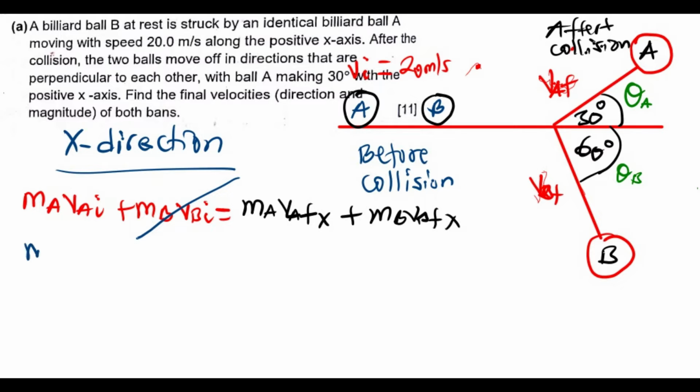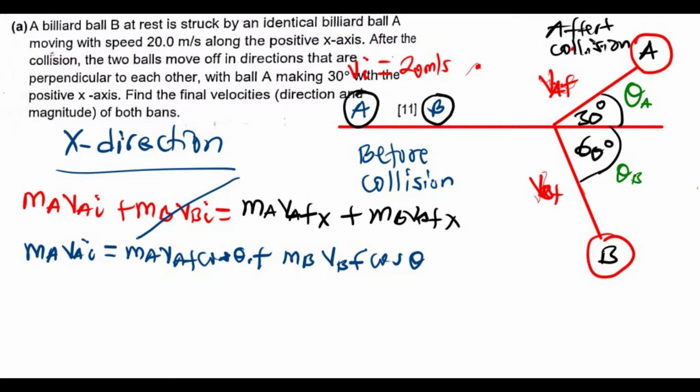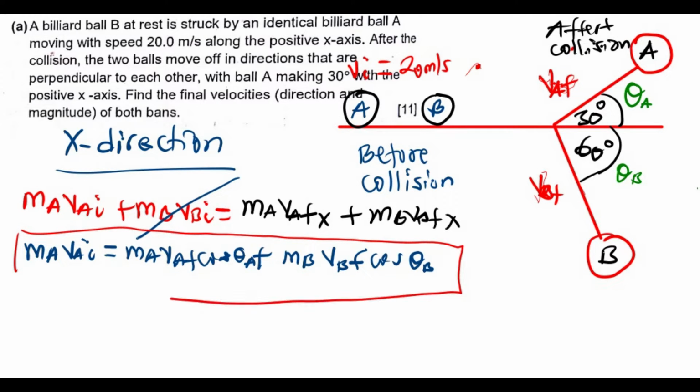I'll remain with mA vA initial equal to mA vA final cos theta 1, because now we're talking about the first one here. The second one will be plus mB vB final cos theta 2, where theta 2 is for B. This is going to be my equation in the x-axis. Now that equation I need to put it here.